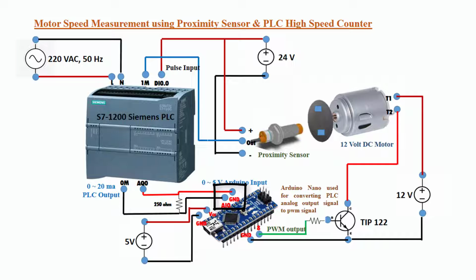The Arduino Nano will receive this converted signal as analog input and will give a PWM signal as analog output. Depending on this PWM signal, the driver circuit will vary the motor speed.